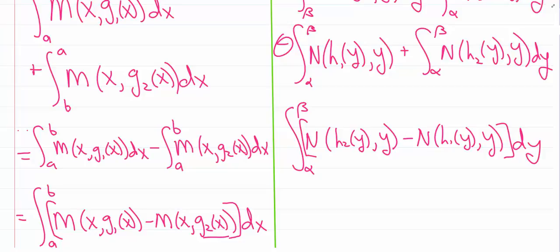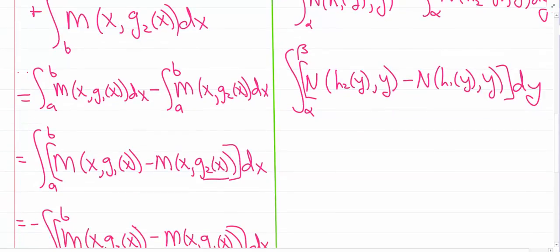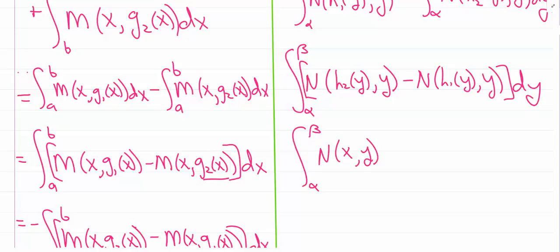See, I put the negative in the second part. How does that grab you? Now, we're playing the same little reindeer game we played before. We can now change this to say, I've got alpha to beta, and this is going to be n of x, y, and x is going from h1 of y to h2 of y, and then I've got the dy over here.